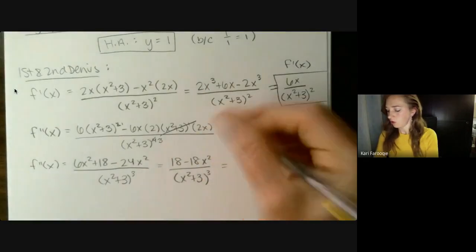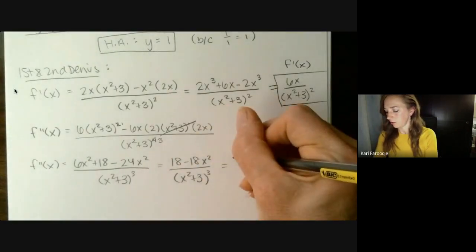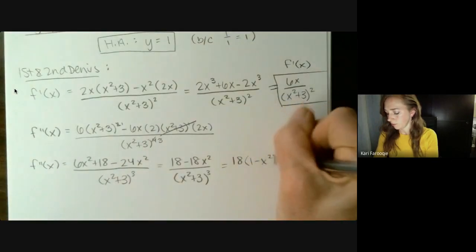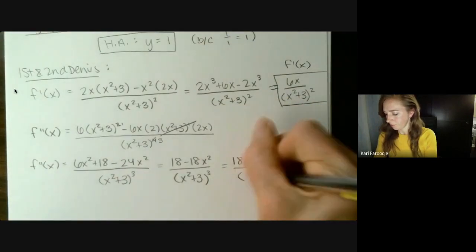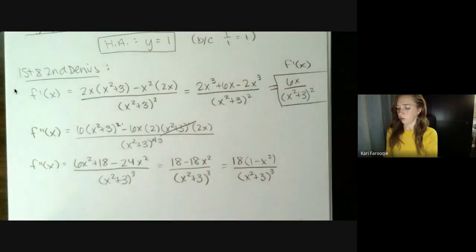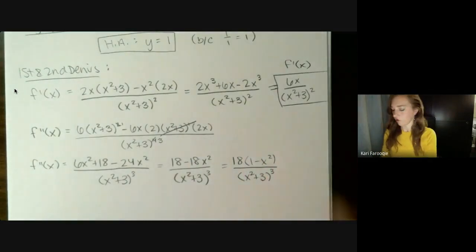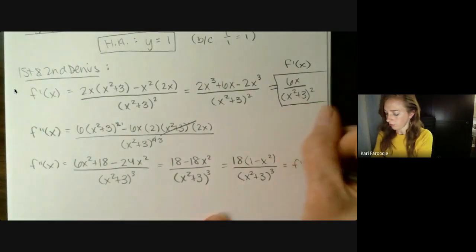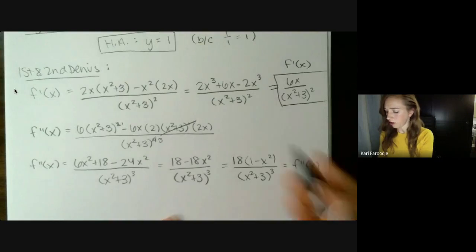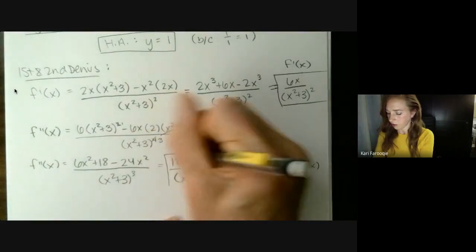And you can factor out an 18. Well, you don't really need to, but if you want to, you can. And we'll work more on that in a second when we look for possible points of inflection. When you enter this in your calculator, you might even want the non-factored version.